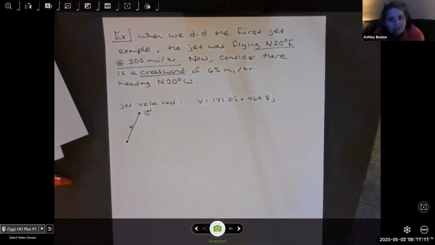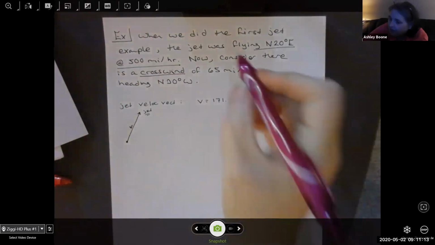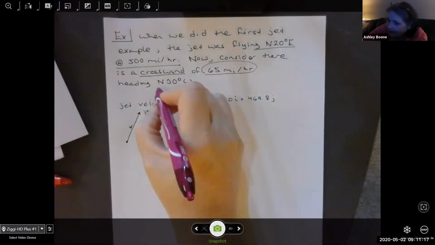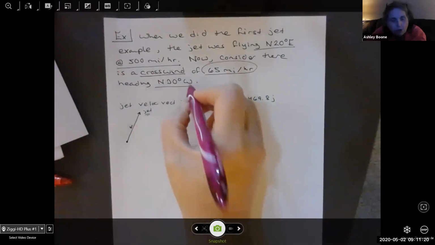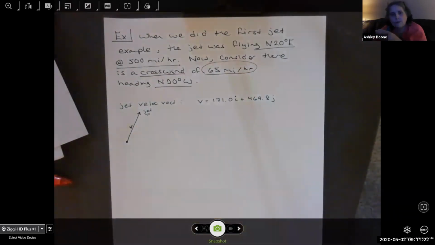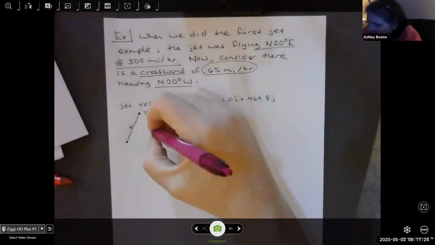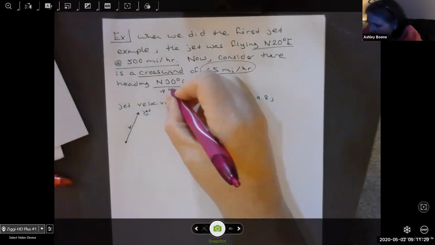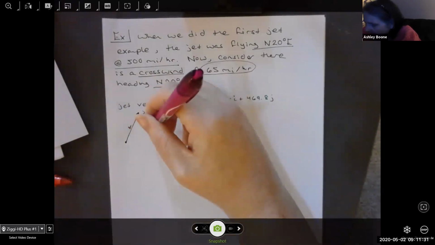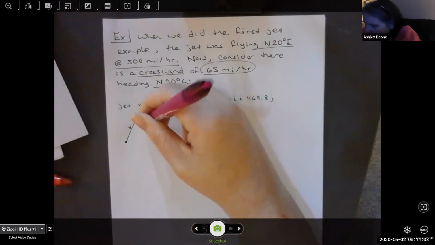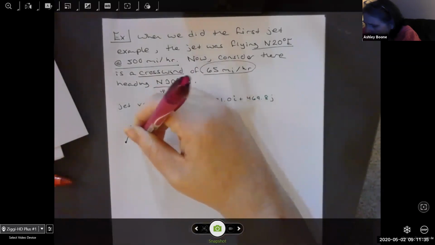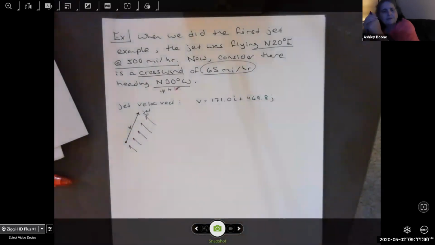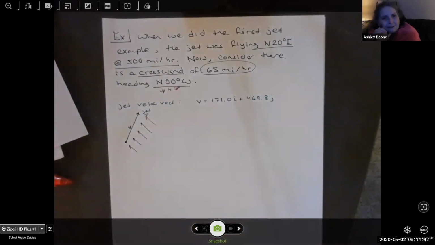So imagine that we had a crosswind of 65 miles per hour heading northwest. So the wind is blowing northwest at 30 degrees. What would northwest look like? Up and to the left, about 30 degrees. That'd be like that, okay? So you have this wind that's heading up and to the left at an angle of 30 degrees.